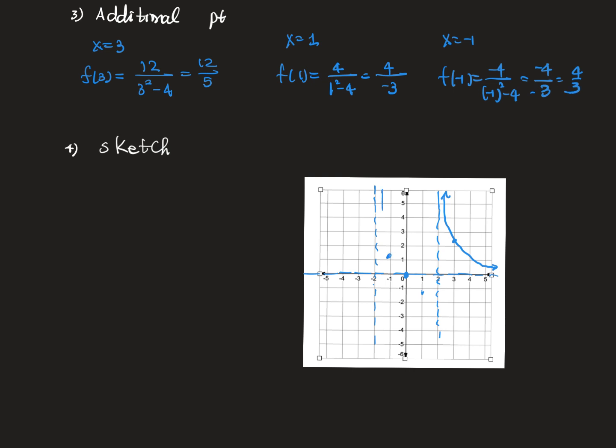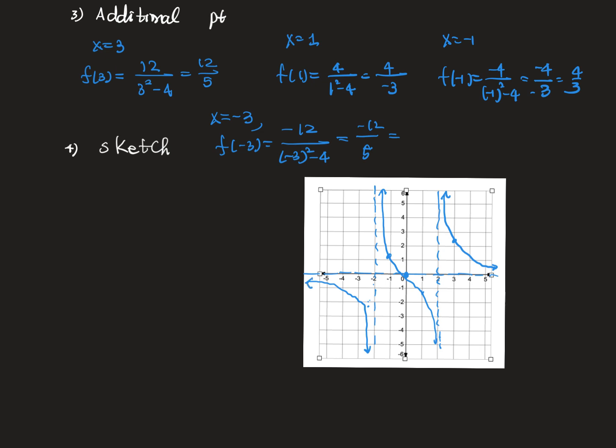So I sketch it with the vertical and horizontal asymptotes. One more point, less than negative 2. I pick x equals negative 3. f of negative 3 is negative 12 over negative 3 squared minus 4, so negative 12 over 5, around here. You see this direction. Does that make sense? That's how to sketch it.